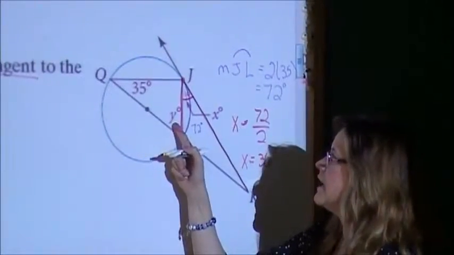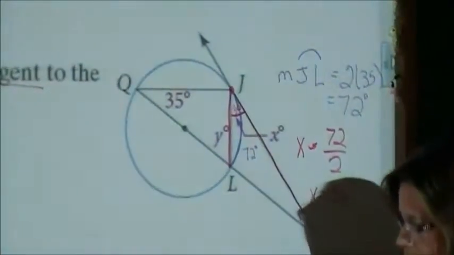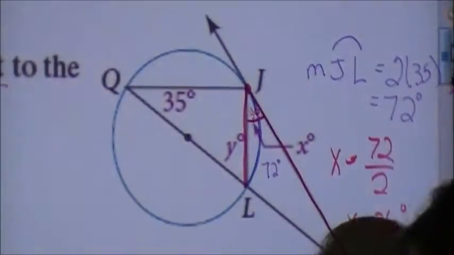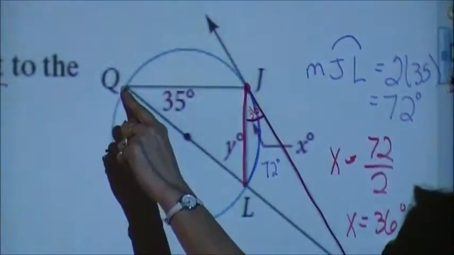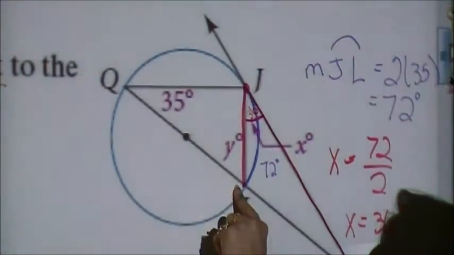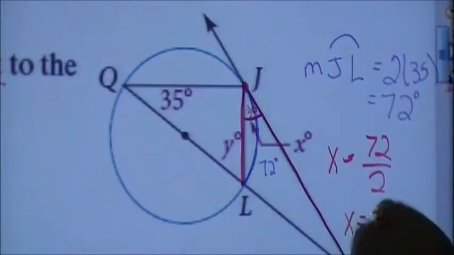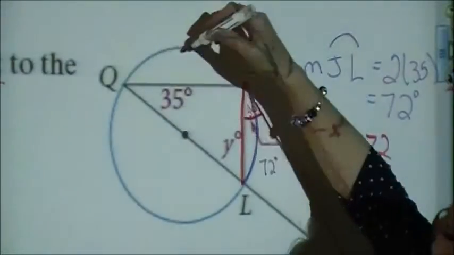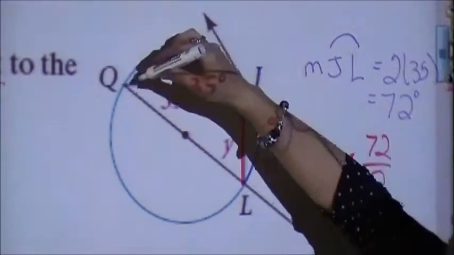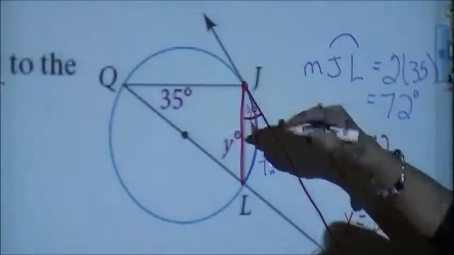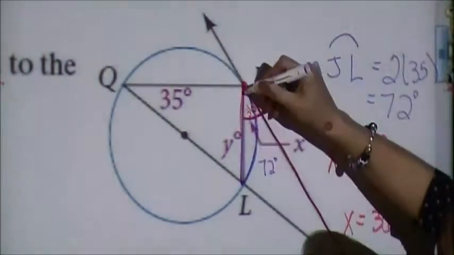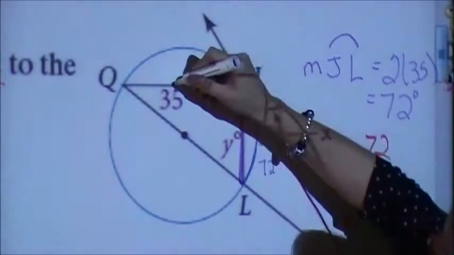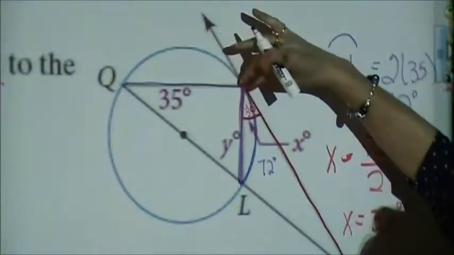All right, we still need to find angle Y. Something I noticed back in the beginning, here is a diameter, and so there's 180 degrees here. That means this angle, I'm going to color over in purple, right here is an inscribed angle.